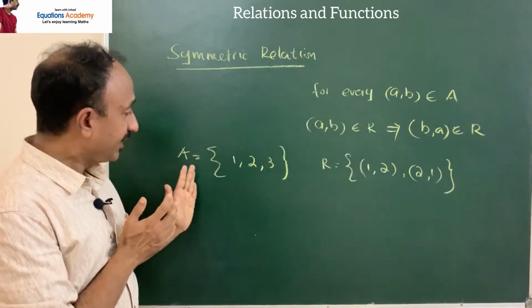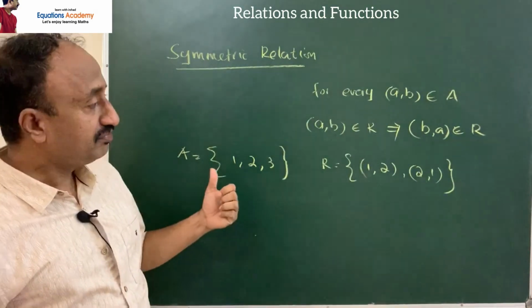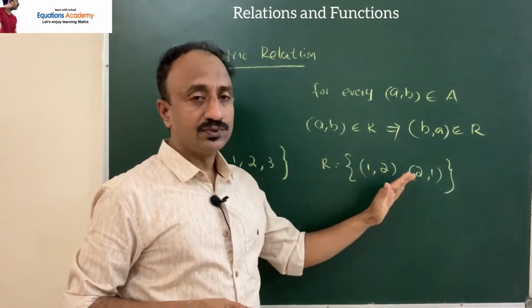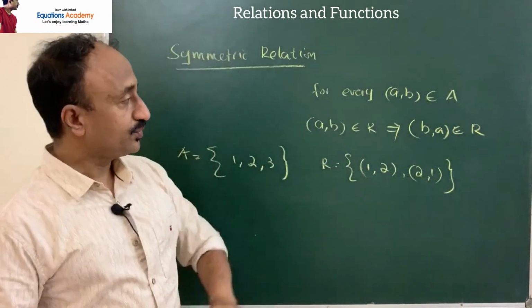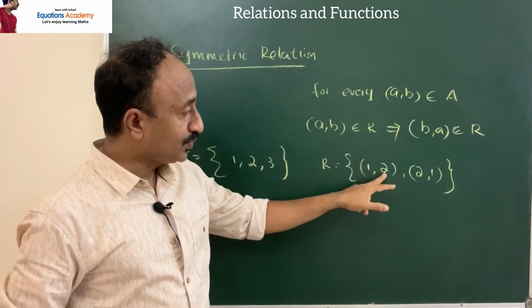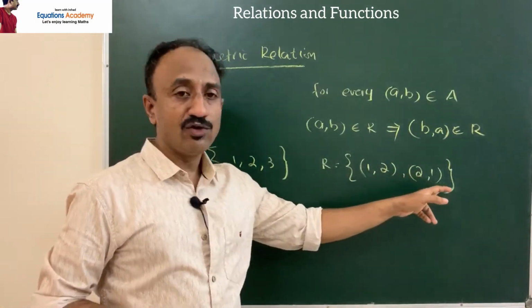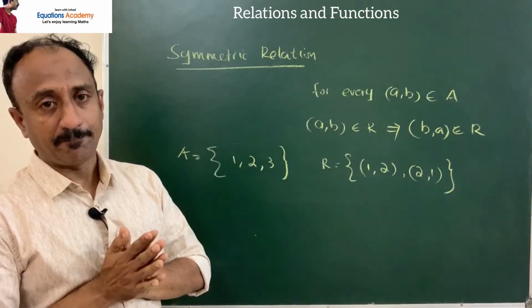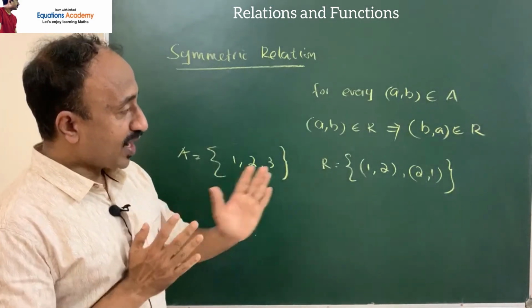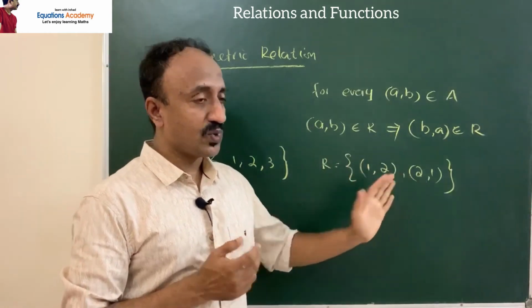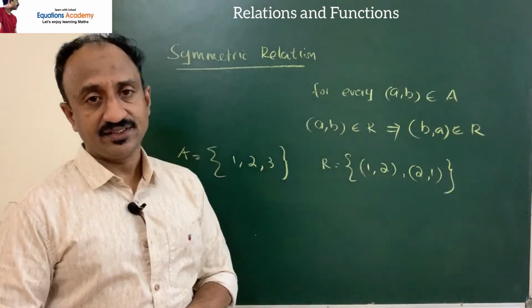There is a set A equal to {1, 2, 3} and we define a relation from this set, R equal to {(1,2), (2,1)}. According to this definition, if we take this pair (1,2), it is there, then (2,1) also is there. So it is a symmetric relation.